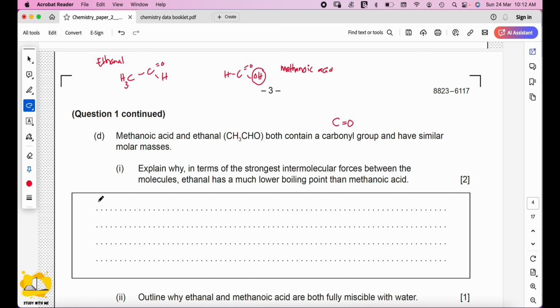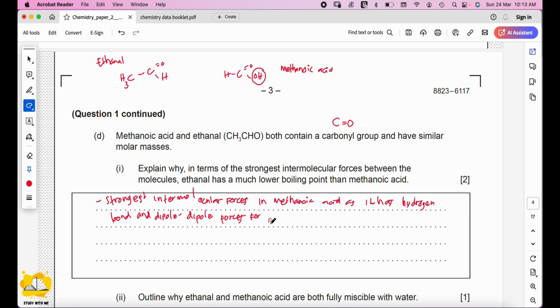So therefore, to answer this question, the strongest intermolecular forces in methanoic acid, as it has hydrogen bond, and dipole-dipole force for ethanal, because we need to talk based on the intermolecular forces.